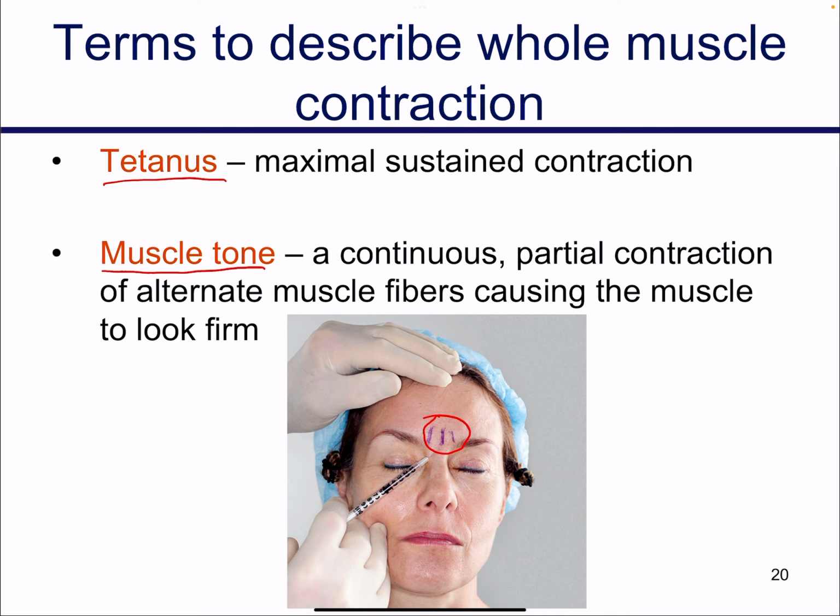You know that the skin becomes very soft as we grow old, but injecting Botox is going to cause a partial contraction of the muscles of the frontalis, causing basically the face to look smooth.